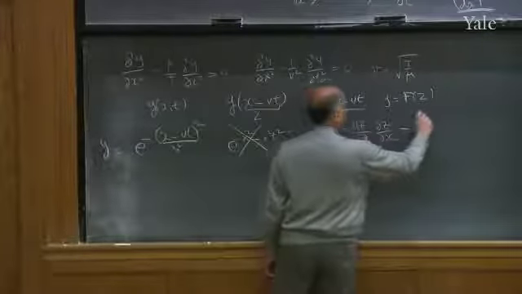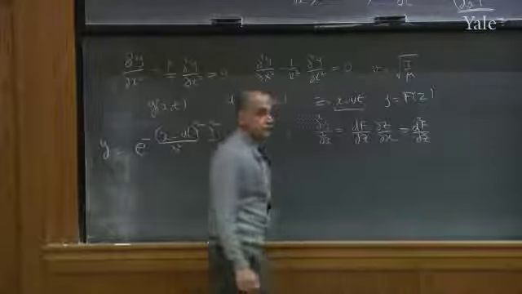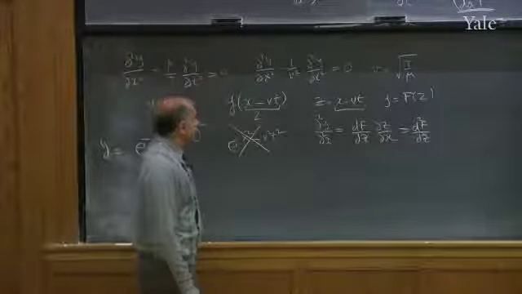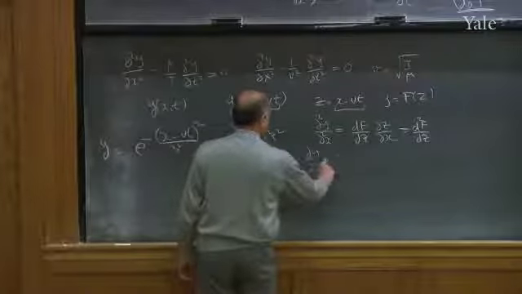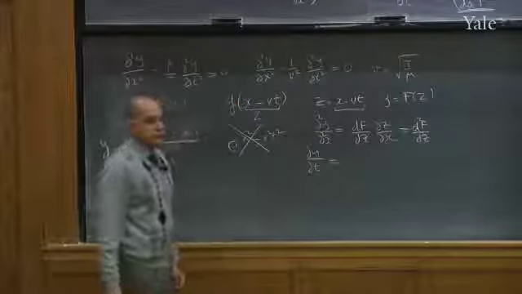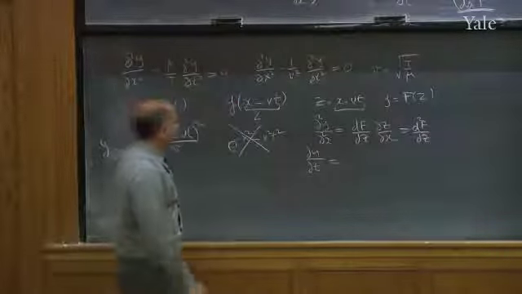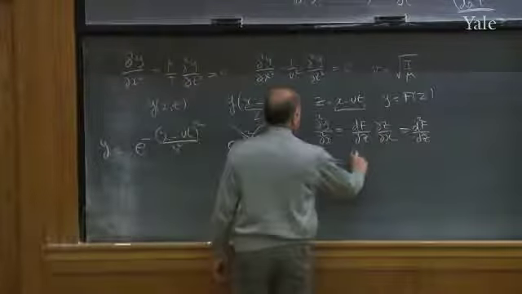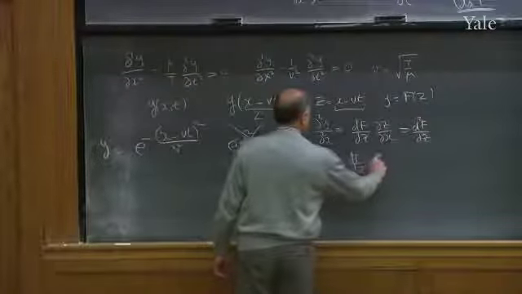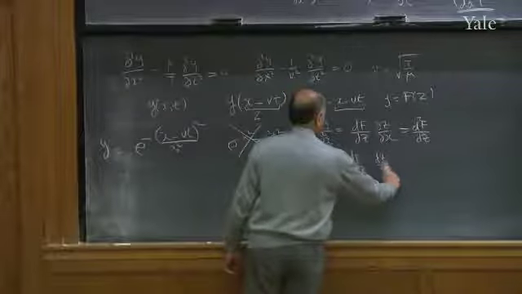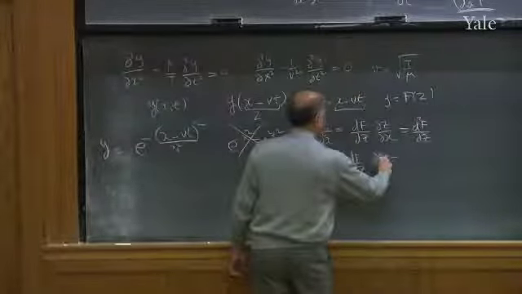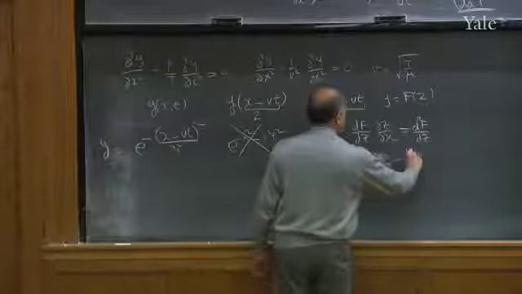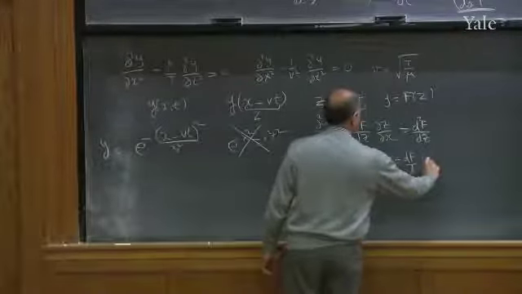Everything will go the same way. You will get this. But how about dy dt? If you want dy dt, again you take df dz times dz dt. But this should be written as a partial. dz dt is minus v, so it is df dz times minus v.